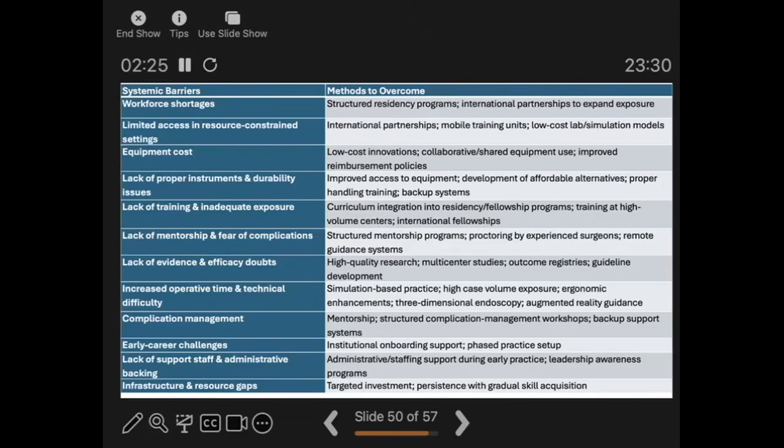Lack of mentorship and fear of complication is another problem. A structured mentorship program, proctoring by an experienced surgeon and remote guidance is needed. There is also a lack of evidence and efficacy doubts in endoscopic surgery.